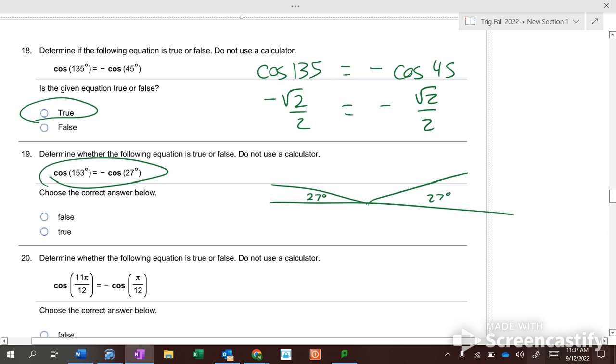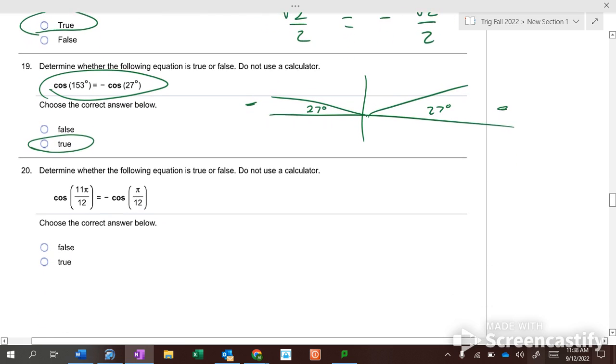So they have the same reference angle, so they will be equal. If they're the same reference angle, they'll be equal. Cosine in quadrant 2, is it positive or negative? Negative. And the negative of the positive makes this negative. Are they going to be equal? Yes, they sure will be.